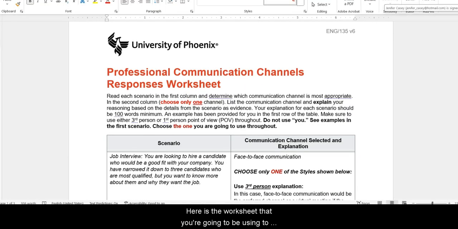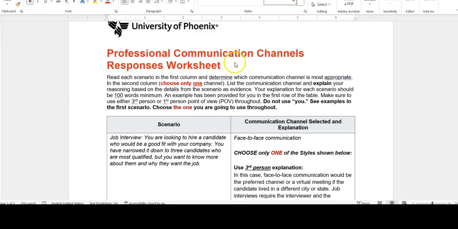Here is the worksheet that you're going to be using to complete this assignment. There are more instructions here, similar to the instruction page of the assignment. So make sure to read the scenarios carefully, maybe even highlight or underline some important details that you may want to come back to and use in your explanation or your reasoning for choosing a certain channel.